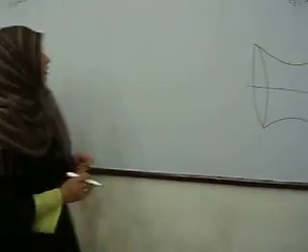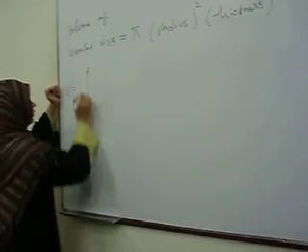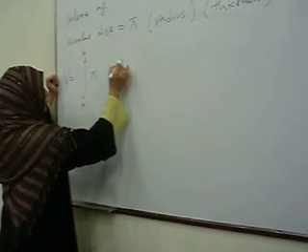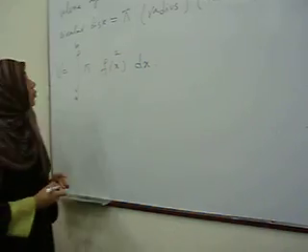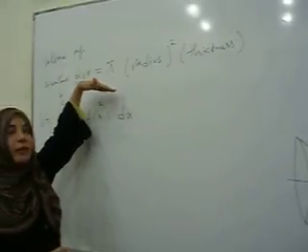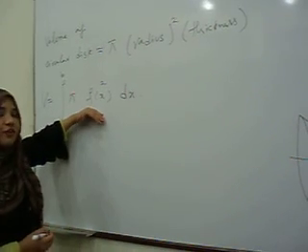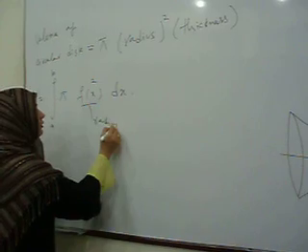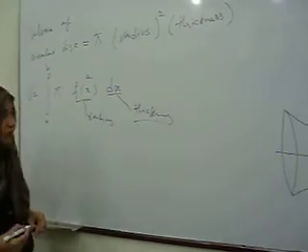According to this method, one circular disk's volume is given by pi radius square into thickness. How do I relate this dx and this f of x with radius and thickness?